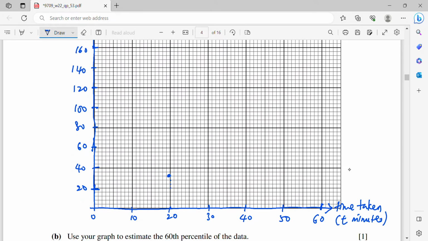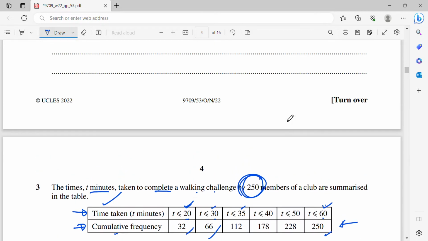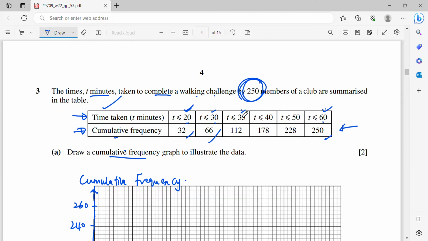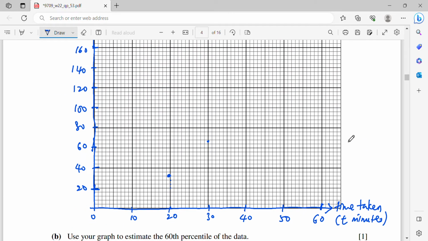Here is 30, this is 64, and 66 is in the middle. Then after that, 35 is 112. Here is 100, 104, 108, 112.